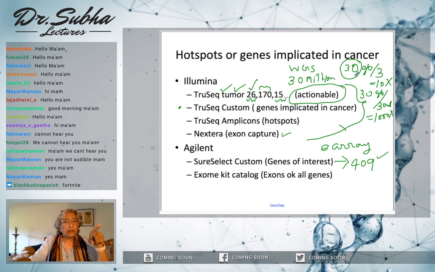So for the same money, in every position, I got 1000 reads. Even if I have only 10% tumor tissue in the sample, I will still get 100 reads. That is evidence for a cancer mutation. You're getting it. That is why targeted sequencing is so popular in cancer. Nobody does whole genome sequencing in cancer, because it's not viable; you cannot find it.